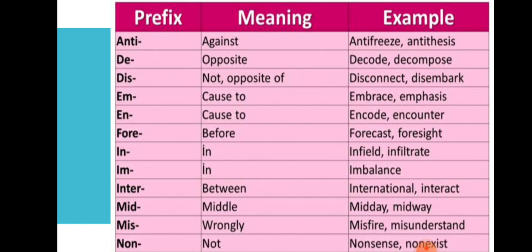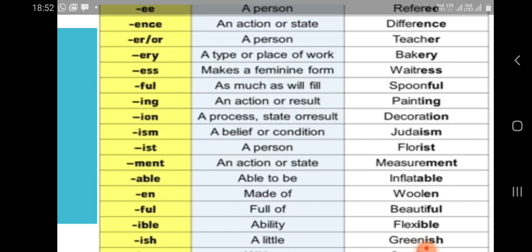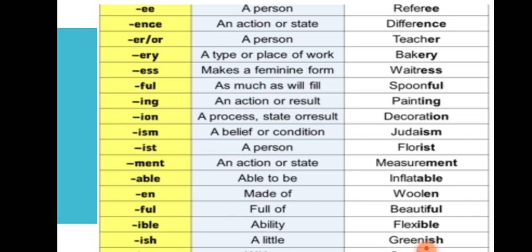Anti means against, de means opposite, dis means opposite, em means cause to, en means cause to, fore means before, and in means in only, im is also related to in, inter means between, mid means middle, mis means wrongly, and non means not. Okay, we'll see that the same thing we have seen in the previous slide.